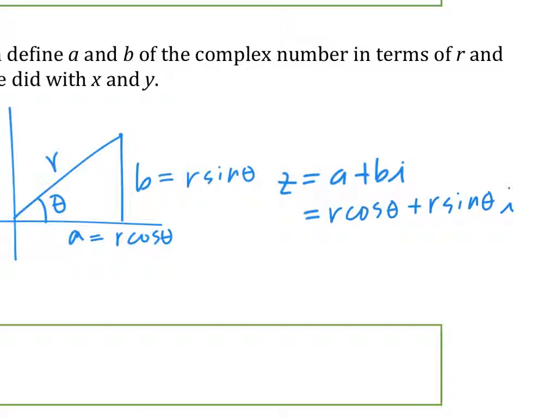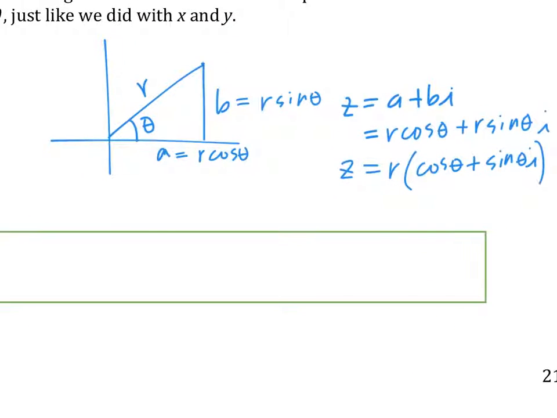I can take that r out. So r times cosine theta plus i sine theta. This is z. This is the complex number in the trigonometric form, the trig form. Z is equal to r times cosine theta plus i sine theta.